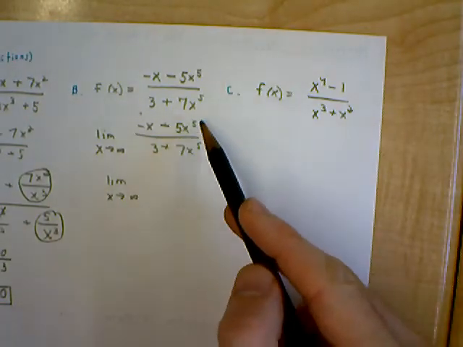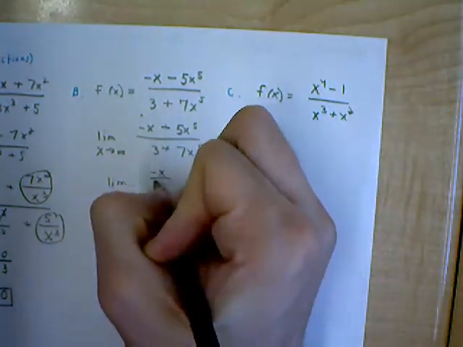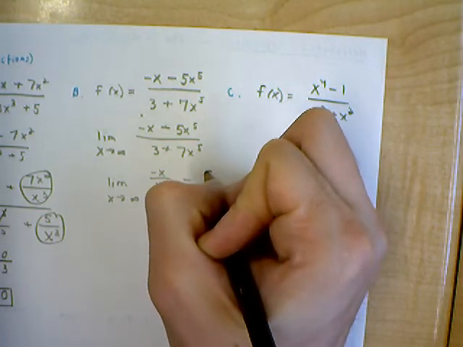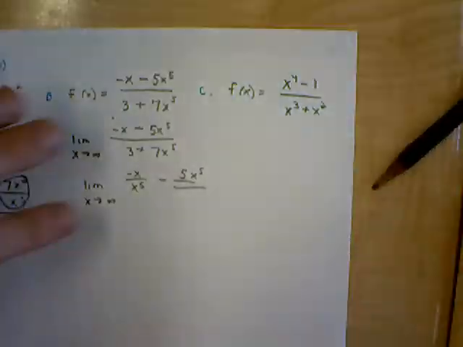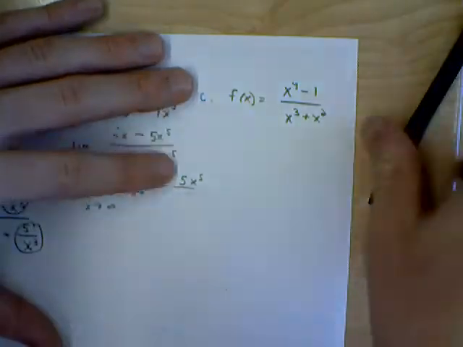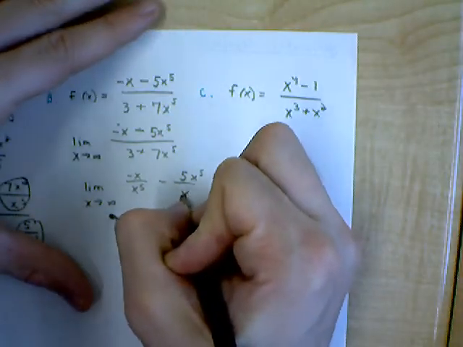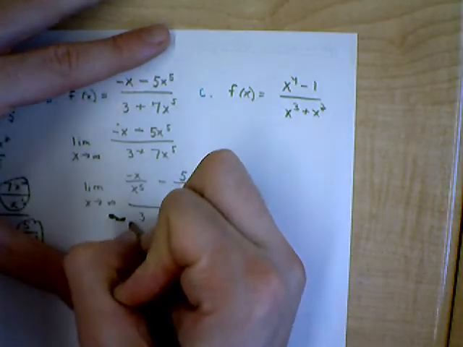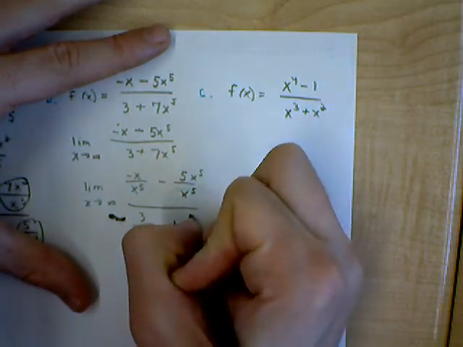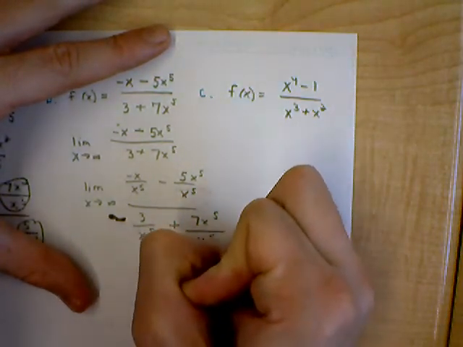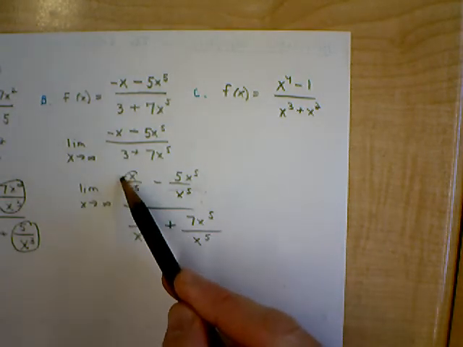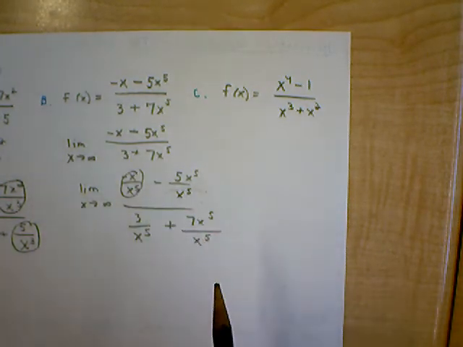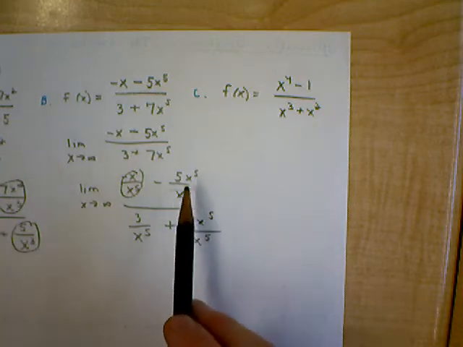I see that the highest degree is 5, so I have negative x over x to the 5th minus 5x to the 5th over x to the 5th, over 3 over x to the 5th plus 7x to the 5th over x to the 5th. Negative x over x to the 5th is going to go to 0 because the denominator has a way higher degree.